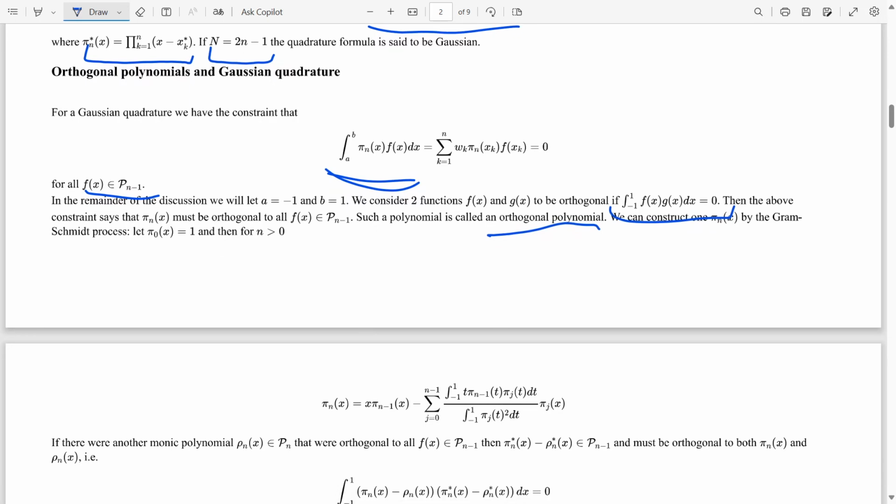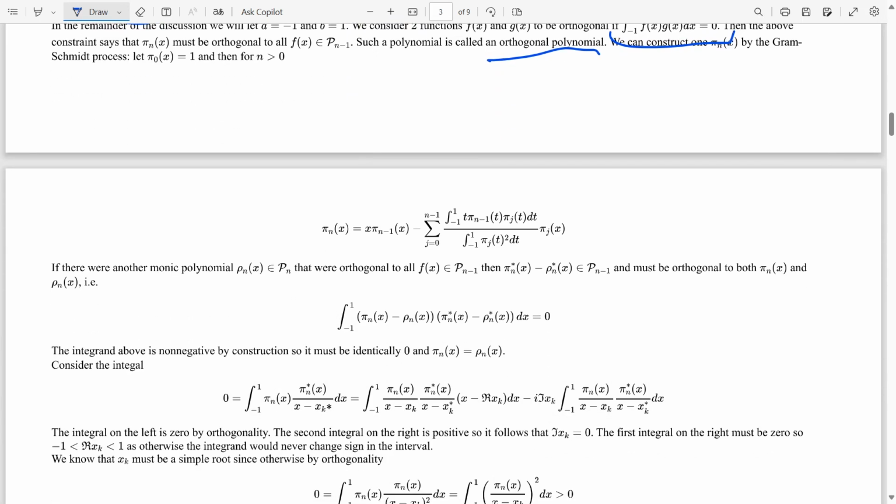We can see by mathematical induction that there is an orthogonal polynomial for every degree n. This is the Gram-Schmidt process, of course. If there were another monic polynomial of degree n, say rho n of x, that were an orthogonal polynomial, then pi n of x minus rho n of x would be of degree at most n minus 1.